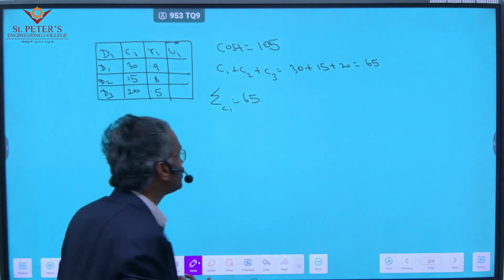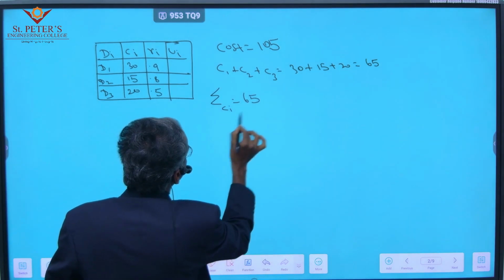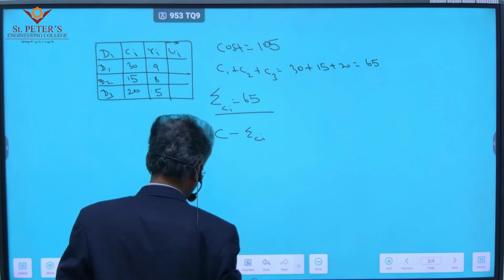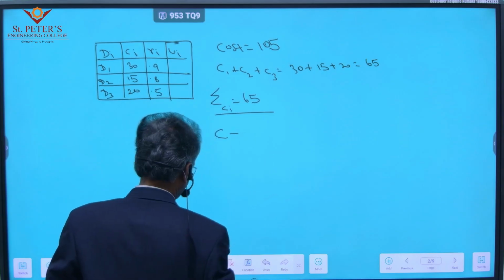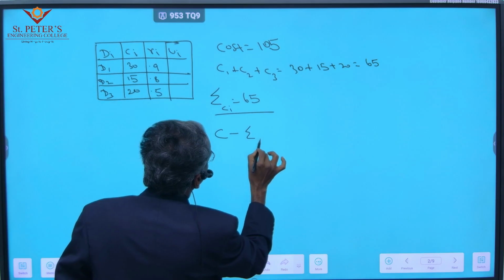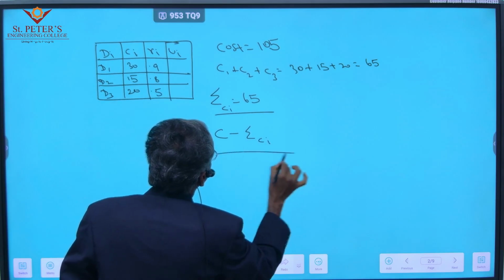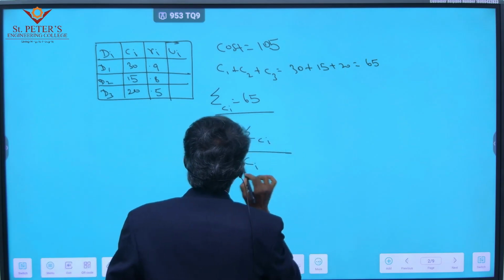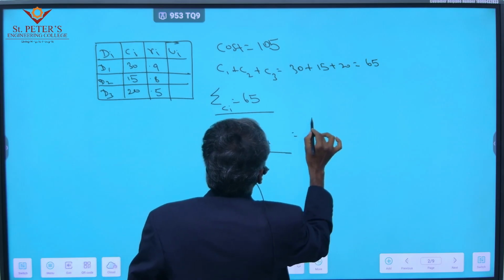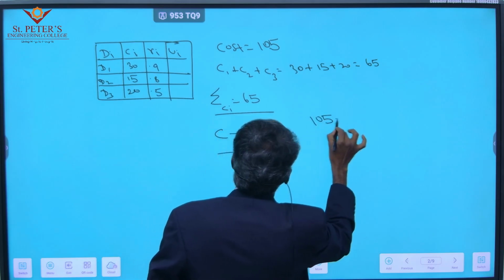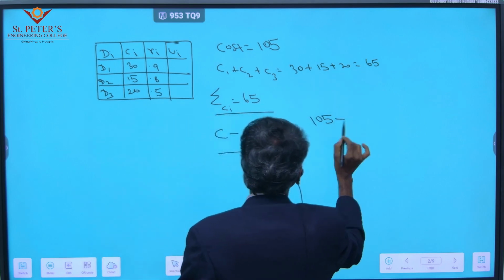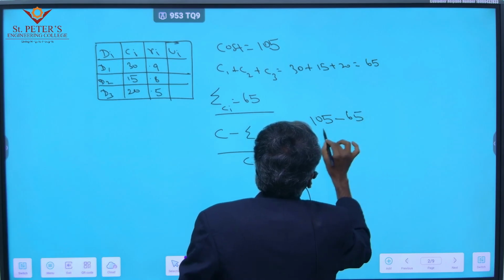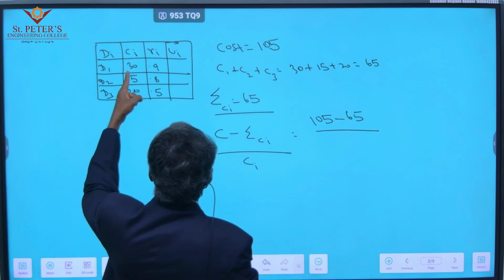So the remaining amount is: cost 105 minus the summation of all costs for minimum one copy of each device, 65, divided by the particular device cost Ci.